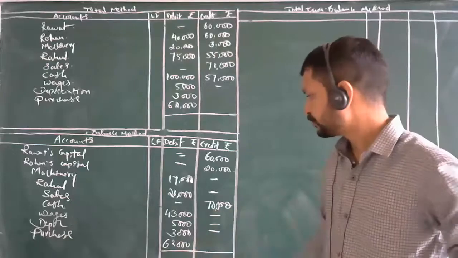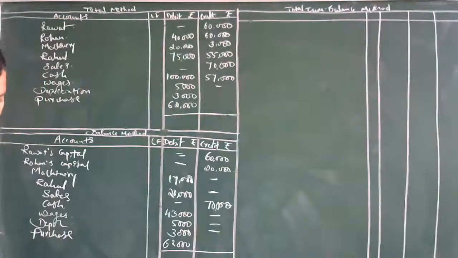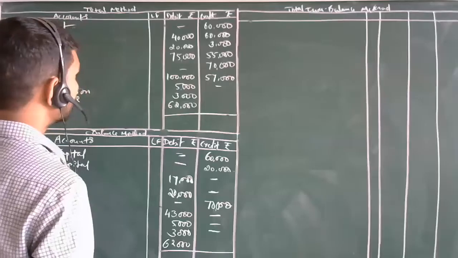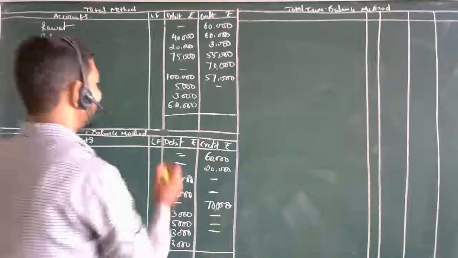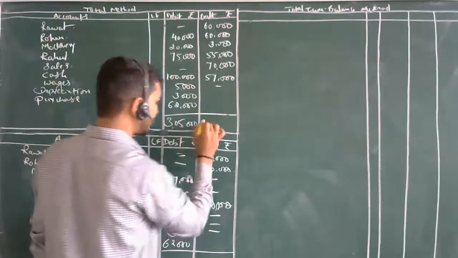Both side totals should get tallied. That 3,50,000, trial balance, check the amount. So the 3,05,000. Okay, done. Both the sides have got tallied.